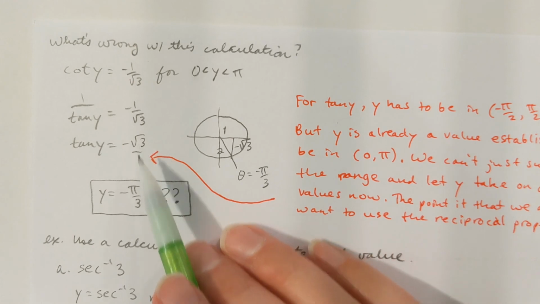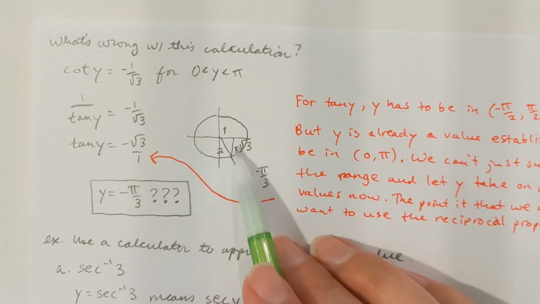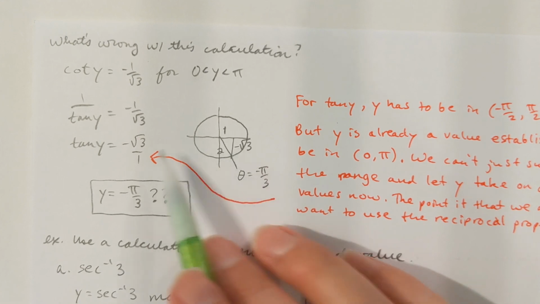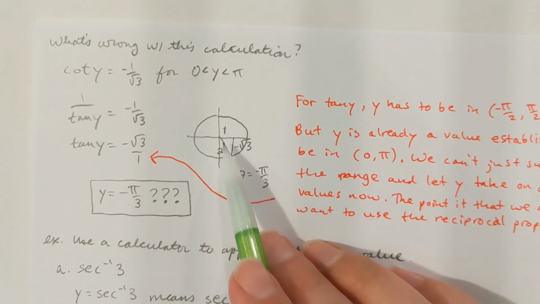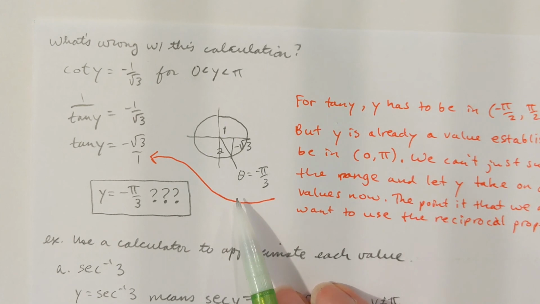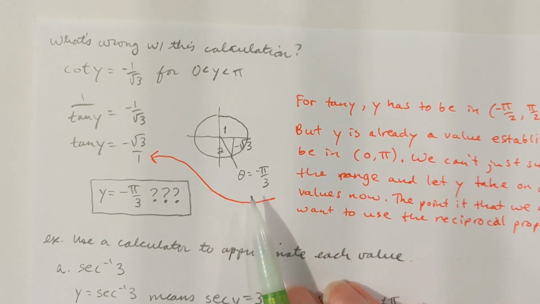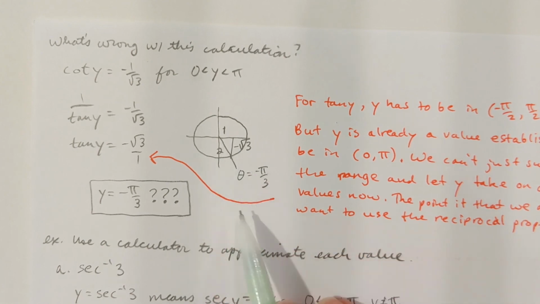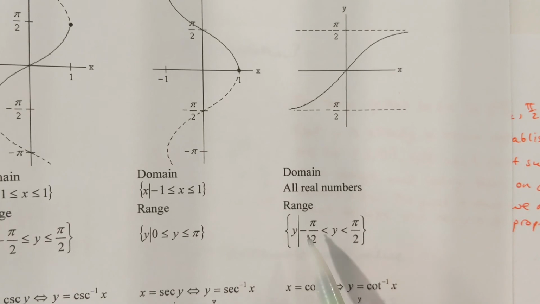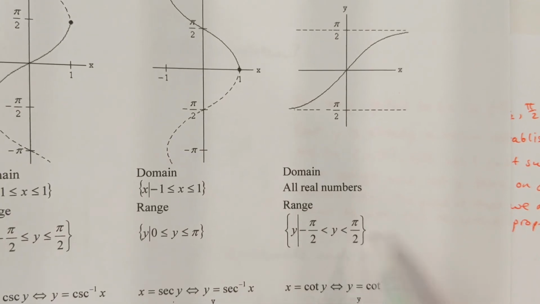Well, opposite over adjacent, the opposite side is a negative, so I'll be in quadrant 4 here. Opposite side is negative root 3, the adjacent side is 1. Hypotenuse would be 2. That would be negative pi over 3 then, for the angle that you're describing, which is between negative pi over 2 and pi over 2.